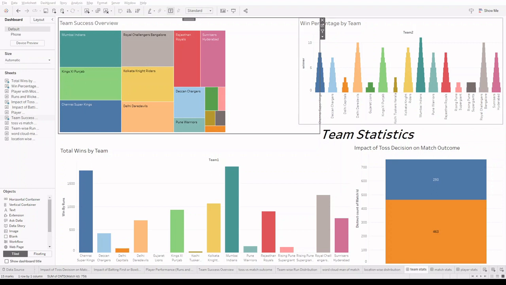Starting with the team stats dashboard, we aim to provide a comprehensive view of how each IPL team has performed over the years.